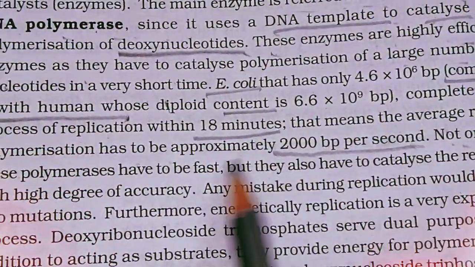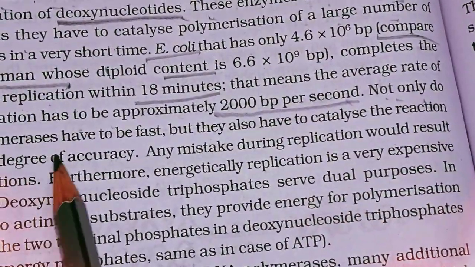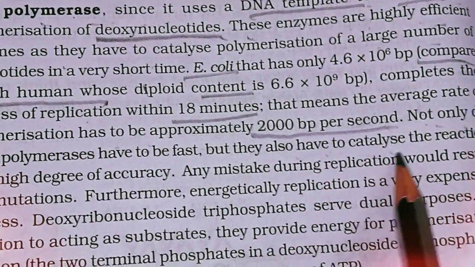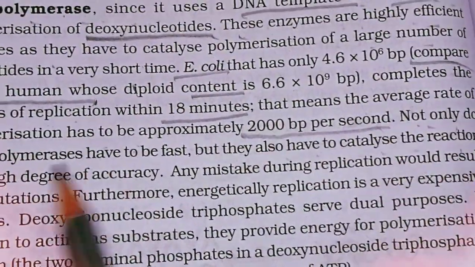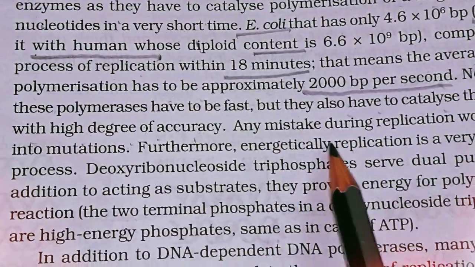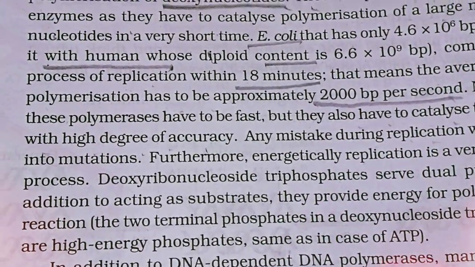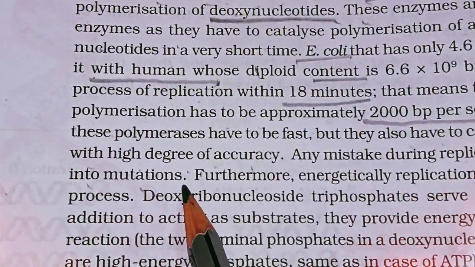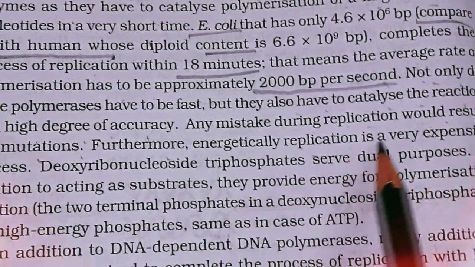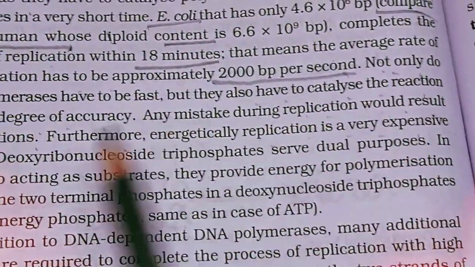Not only do these polymerases have to be fast, but they also have to catalyze the reaction with a high degree of accuracy. Any mistake during replication would result in mutation. Furthermore, energetically, replication is a very expensive process.